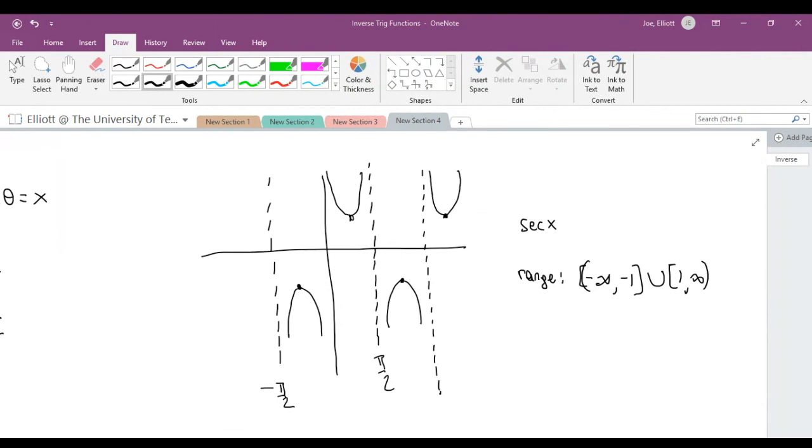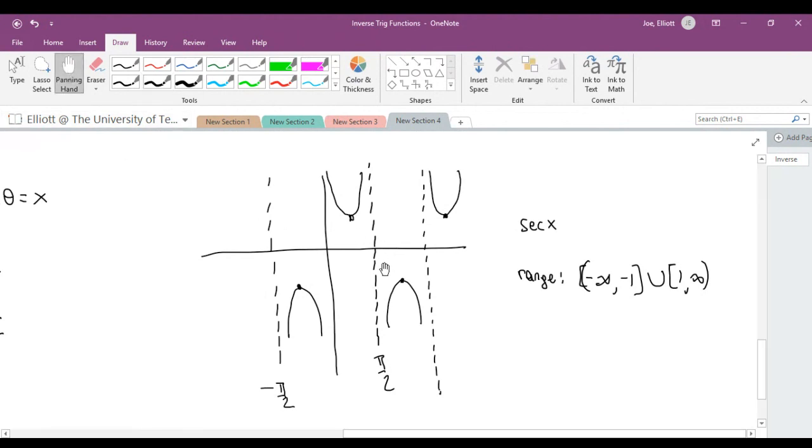Yeah, so one-to-one meant it passes the horizontal line test, and you might recall earlier in the semester when you talked about inverse functions that you need a function to be one-to-one in order to have an inverse, right?